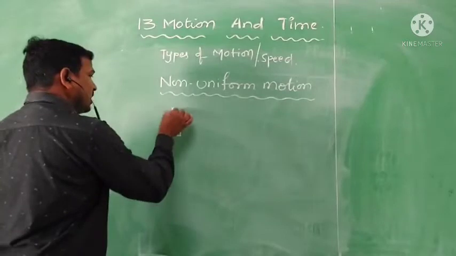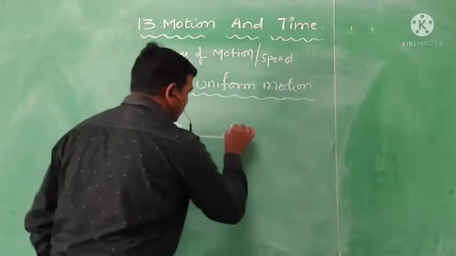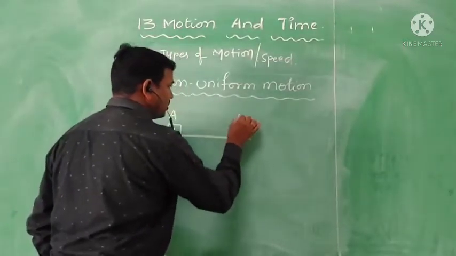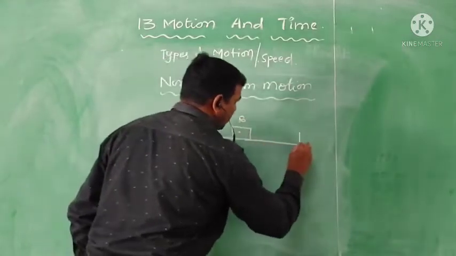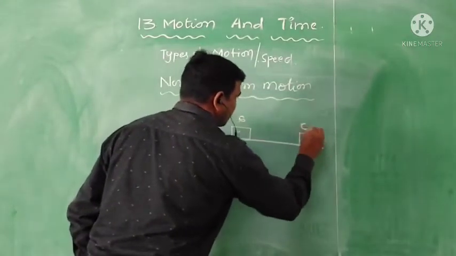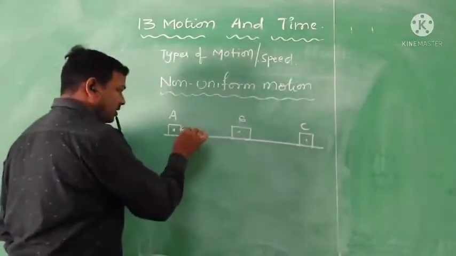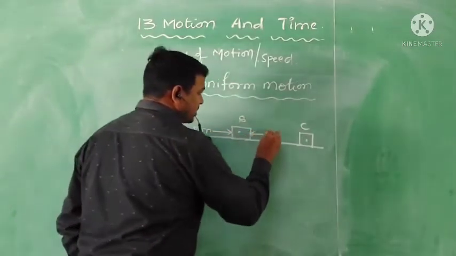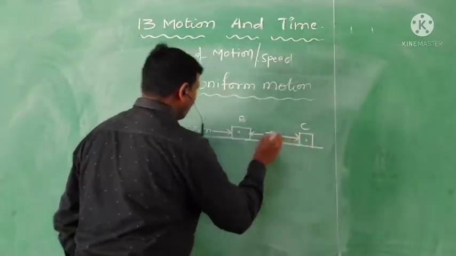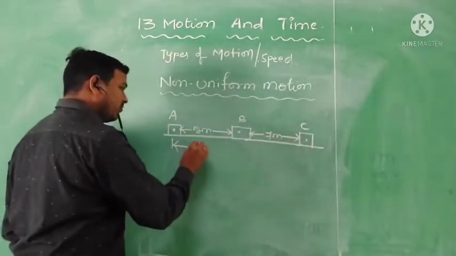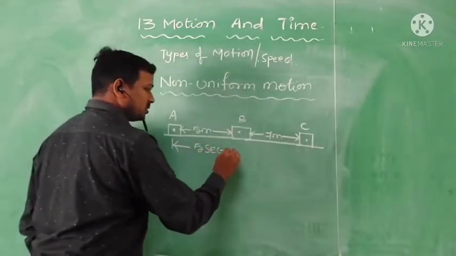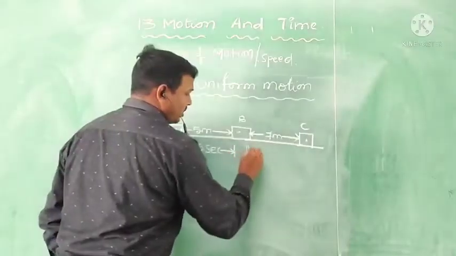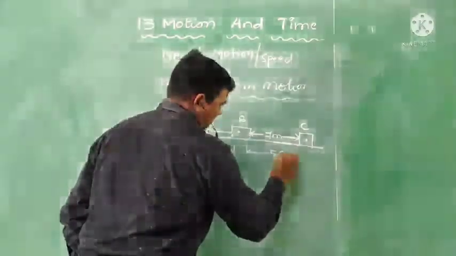The person started from point A, reached point B, and then reached point C. For that, here I am taking 5 meters, here 7 meters. Now here I am taking 5 seconds, and from here it is also taking 5 seconds.